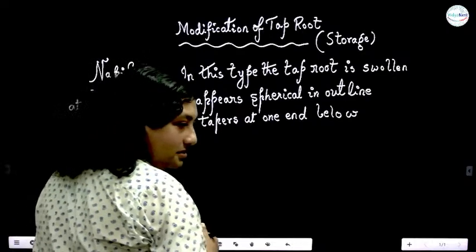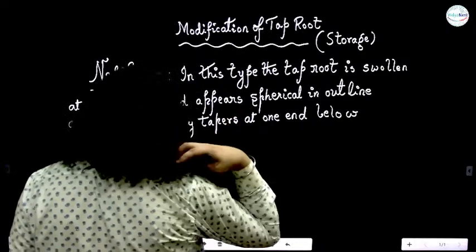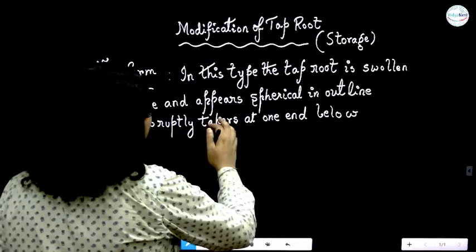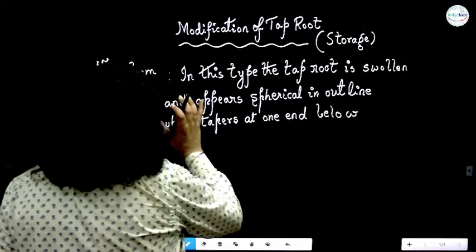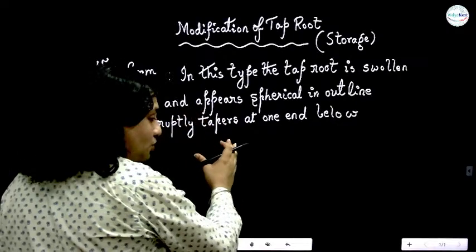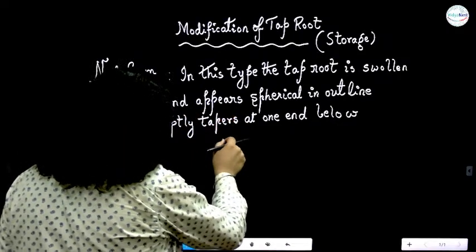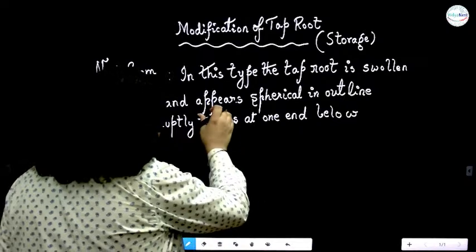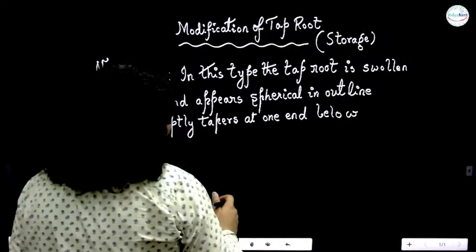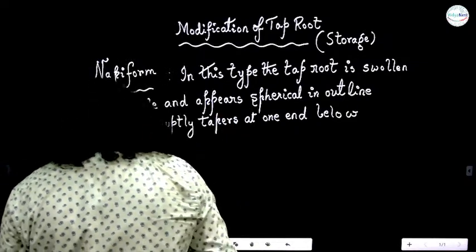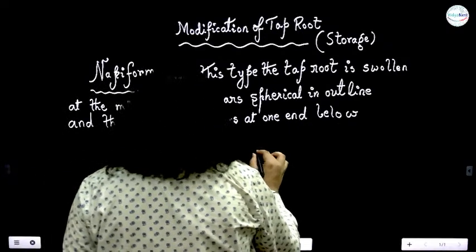Remember this. And in case of napiform, what we see is that the structure is highly swollen at the middle, and then instead of being gradual, they abruptly taper at the lower end below. So they more or less look like this.